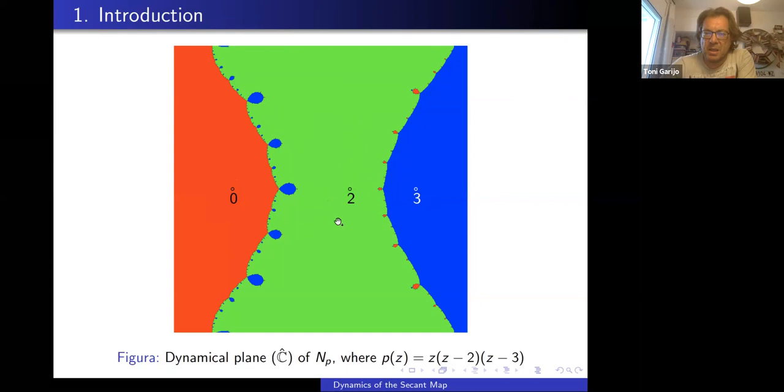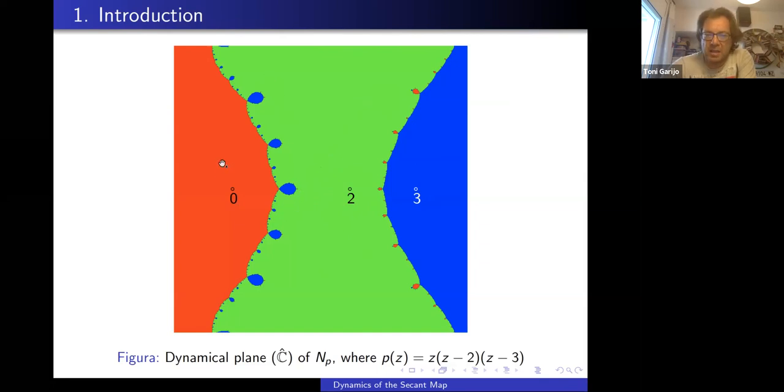We will see in a moment a lot of properties of this dynamical plane, but for instance, the basin of attraction of the root located at 2 has only one component, and its boundary, we know, is the Julia set, where repelling fixed points are dense and which has this fractal structure.